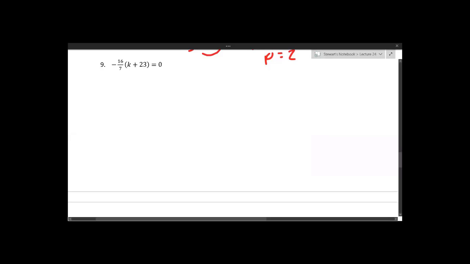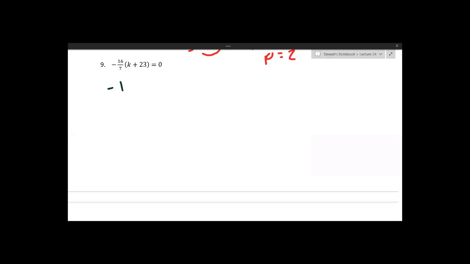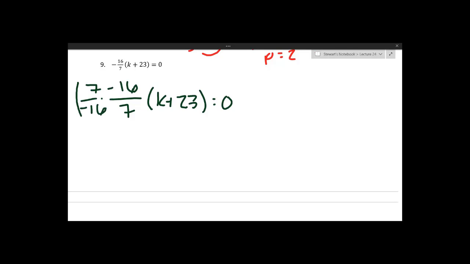It would make sense to just try to clear that multiplication and division away. So since we're multiplying by this fraction, to get rid of it, we need to multiply by its reciprocal on both sides.